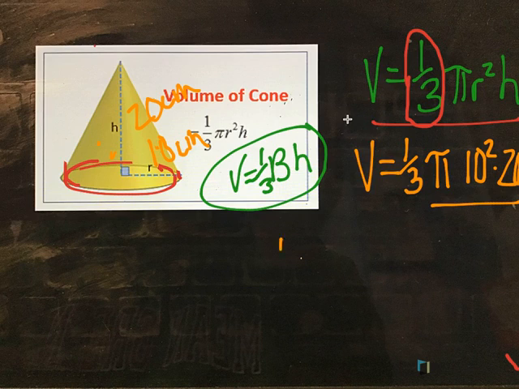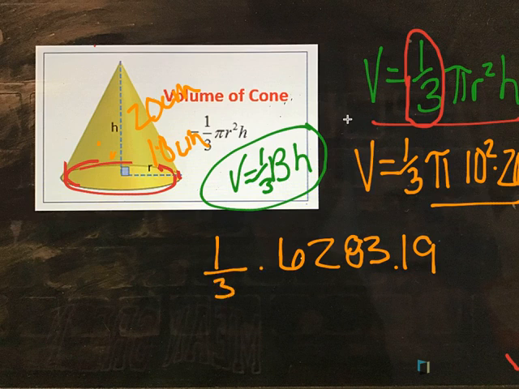And that's going to give me 6,283.1857. So we'll just say 0.19. And then I'm going to divide that by 3 because technically it's times 1/3.